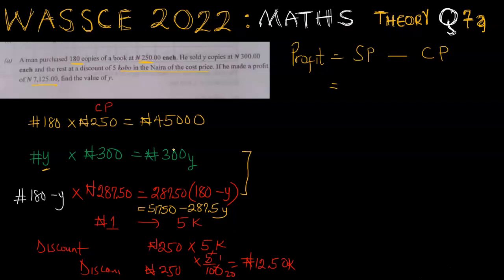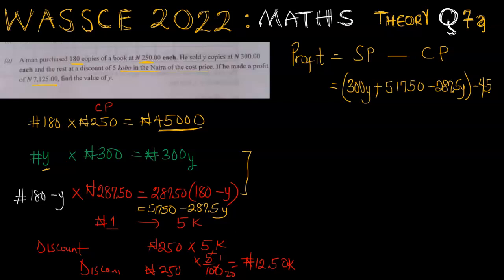Thus, adding these two selling prices, the first one is 300Y, the second is 51,750 minus 287.5Y. So I've added them together, minus the cost price, that's 45,000 naira.